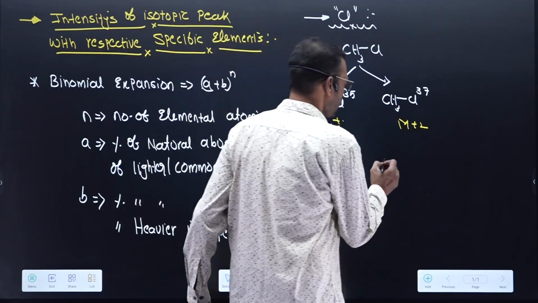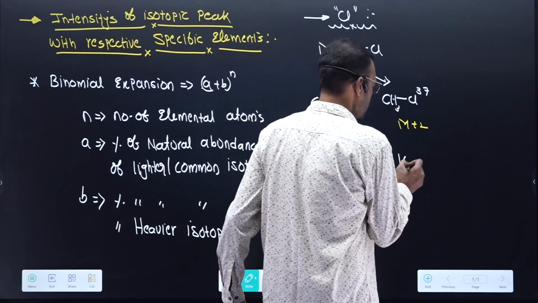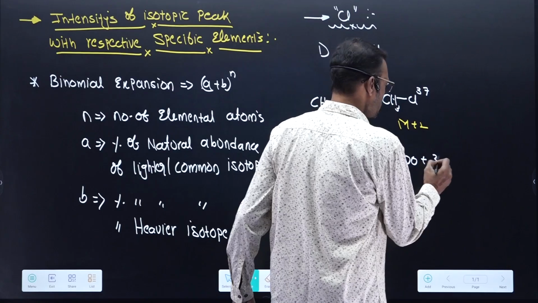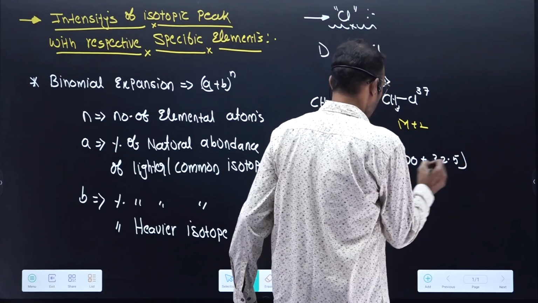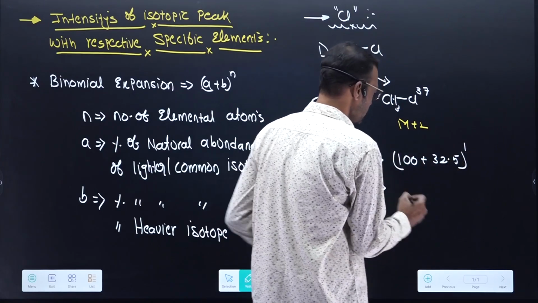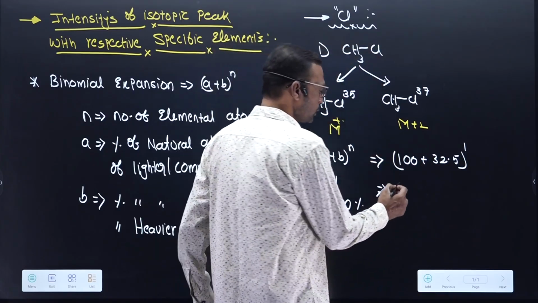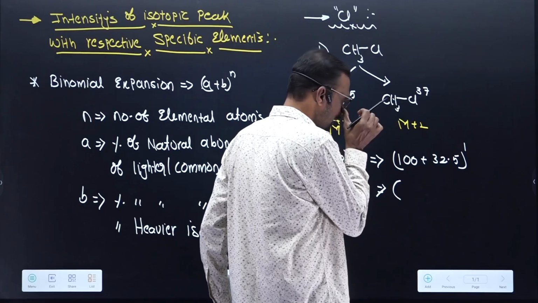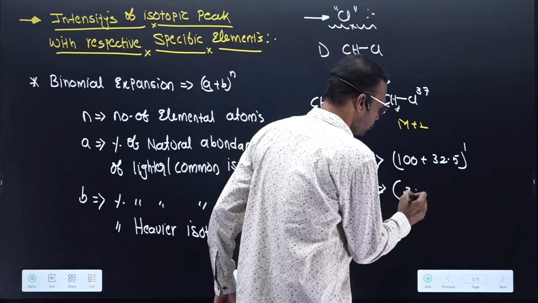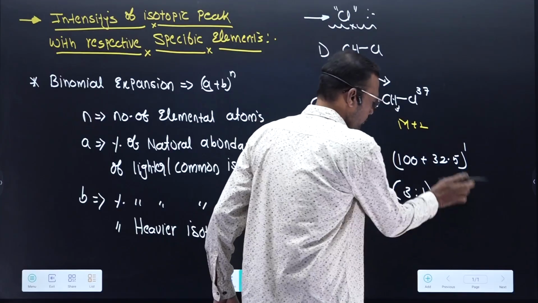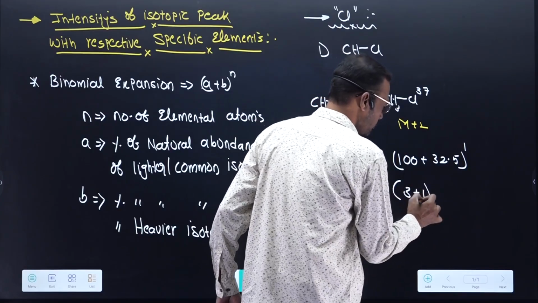So if you substitute in this formula, you can write 100 plus 32.5 to the power 1. So this is about 1/3 of the lighter isotope, which means a 3:1 ratio, 3 plus 1 to the power 1.